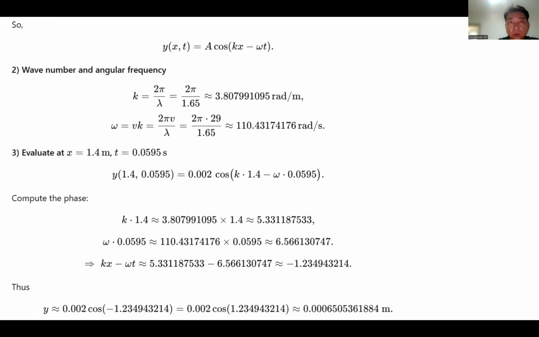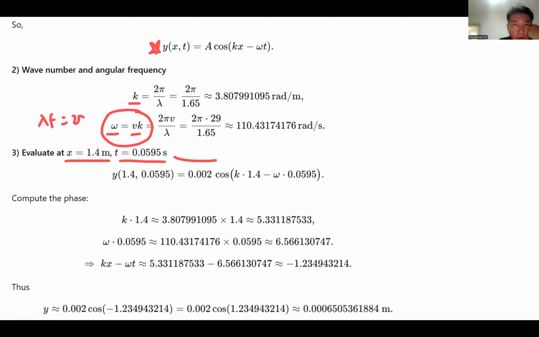So we have this solution. And from this, we can find the wave number and the angular frequency given by this formula, and the frequency is given by this formula, right? This is nothing but lambda f equal to v. And evaluate at x equal to 1.4 meters and t equal to 0.0595 seconds.